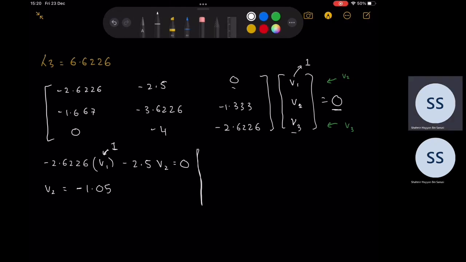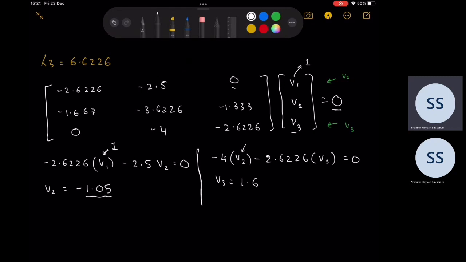And from the third row, it gives us negative 4 V2 minus 2.6226 V3 equals 0. We already have the V2 value, so replace it in there, and we can get V3 equals 1.6.